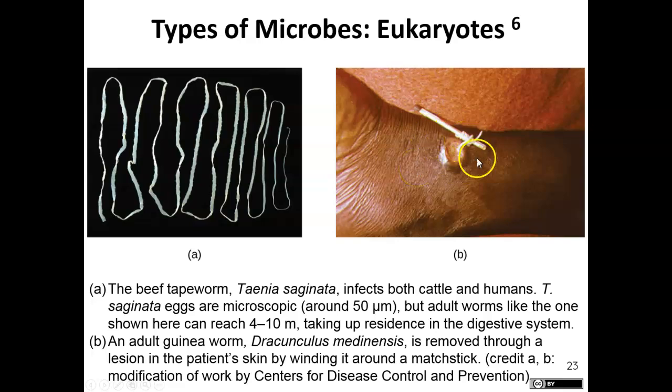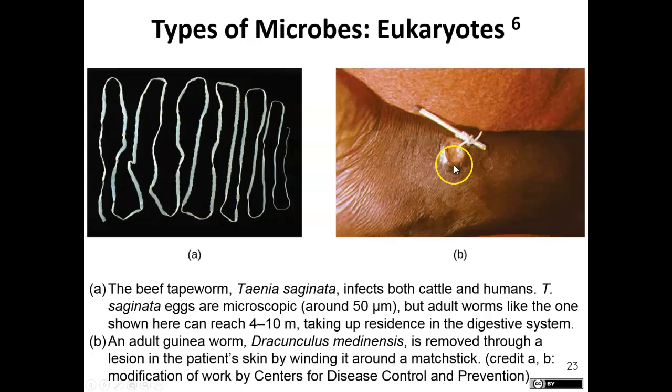The worm will then move down your body to a low region like your foot, which is what we're seeing here, and just the butt end of the worm will come out, and it will lay eggs when you walk into water.